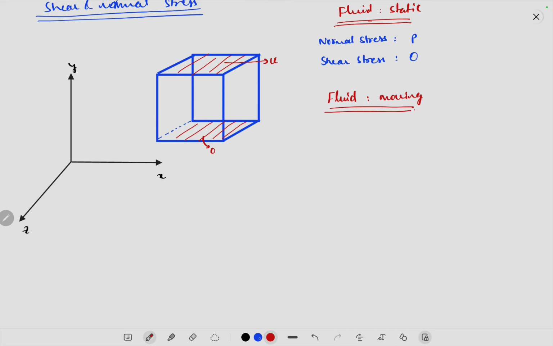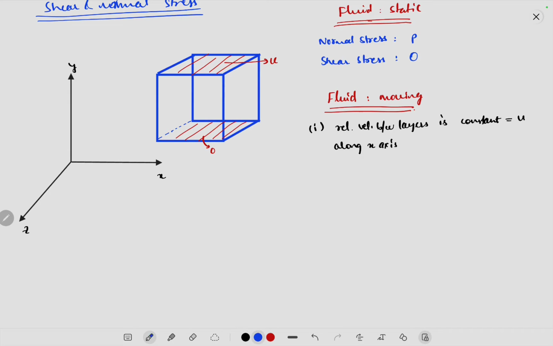Now I ask you, what is the normal stress? Let me first write it: fluid moving. The first condition is that it is moving with constant velocity; the relative velocity between layers is constant and it's just u along the x-axis.